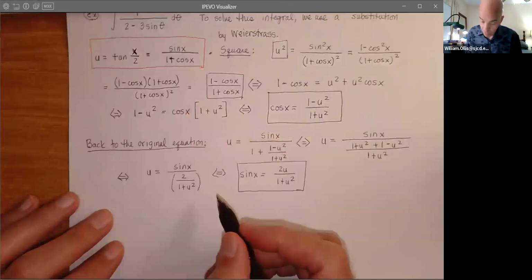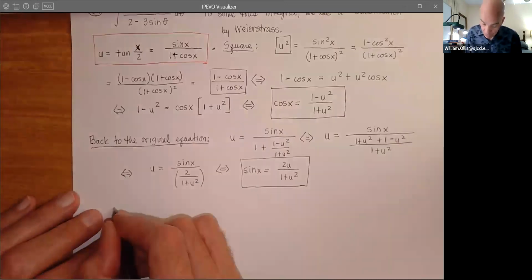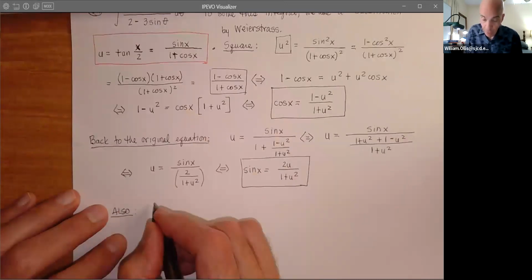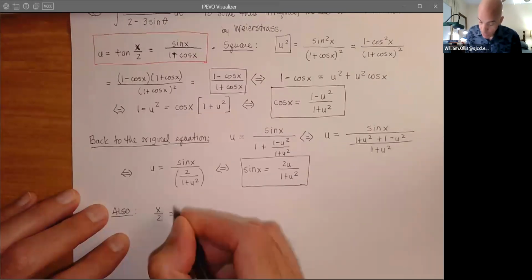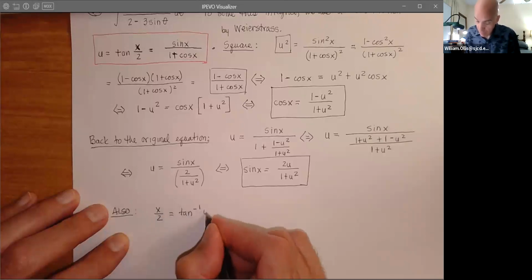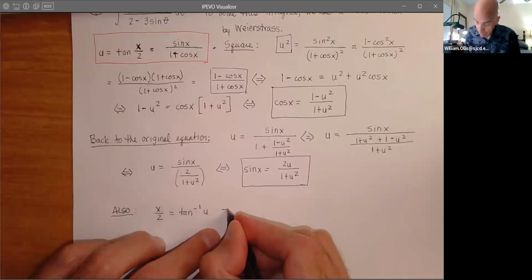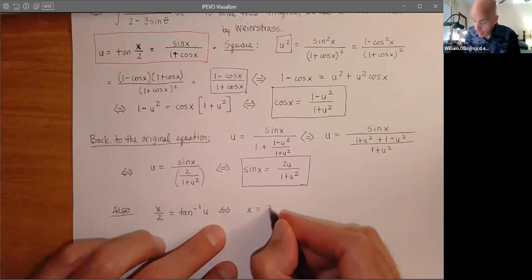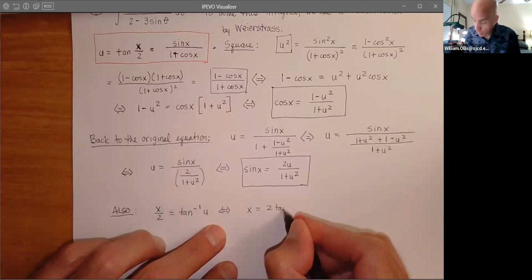So note here also, if we apply the inverse tangent, x over 2 equals the inverse tangent of u. Equivalently, x equals 2 times the inverse tangent of u.